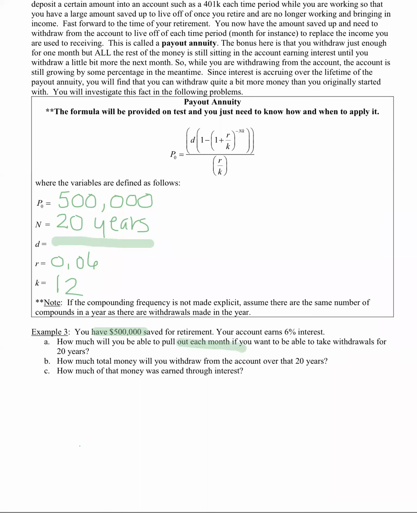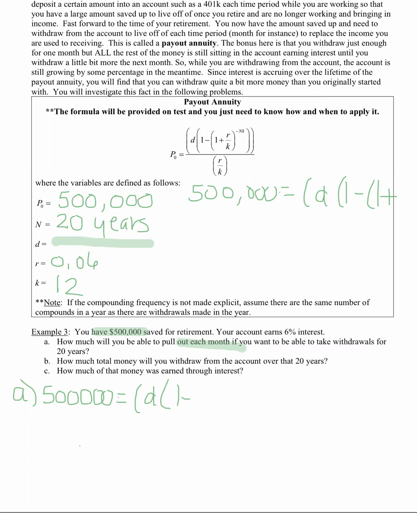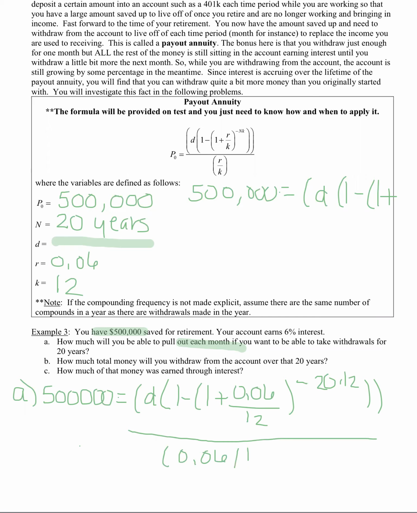So if I put all that information into the formula, I get 500,000 equals D times 1 minus (1 plus R over K) to the negative N times K, all over 0.06 divided by 12.